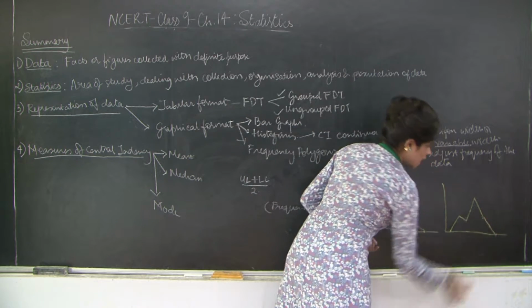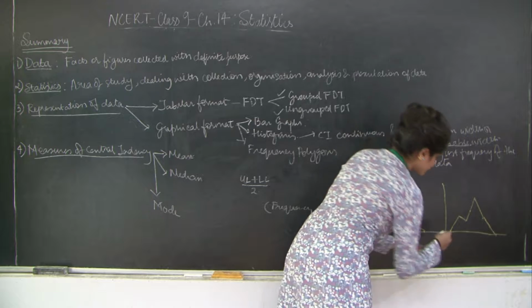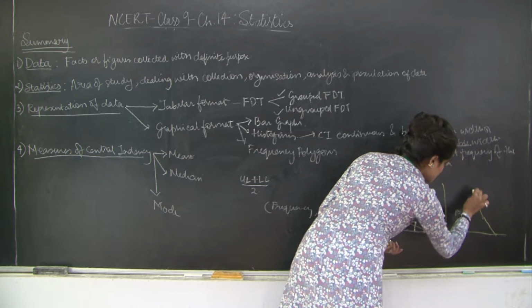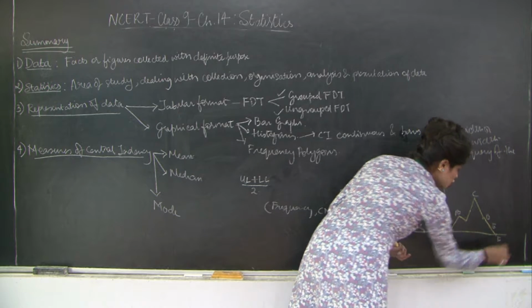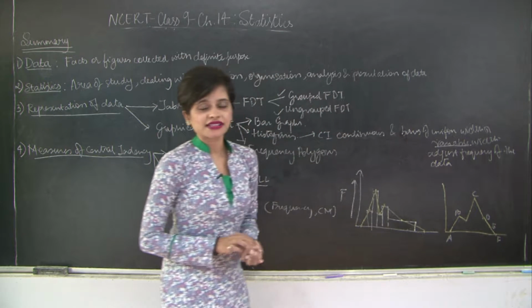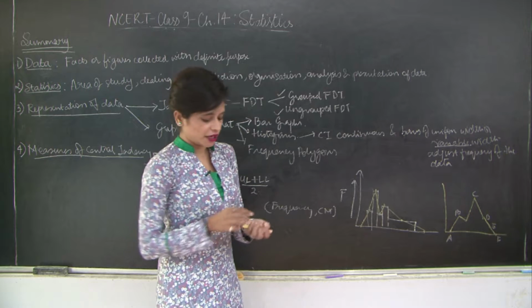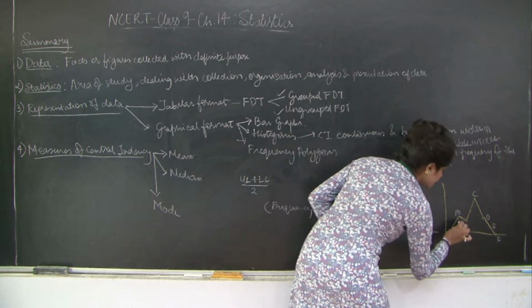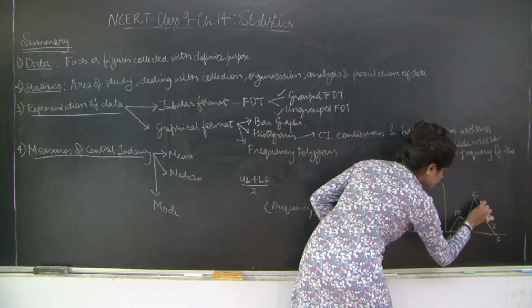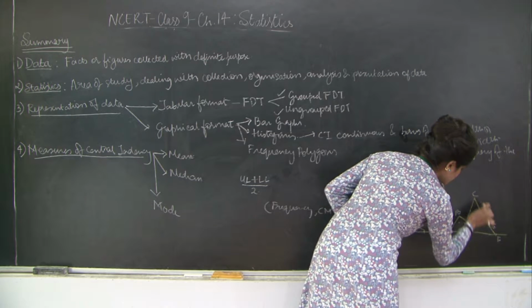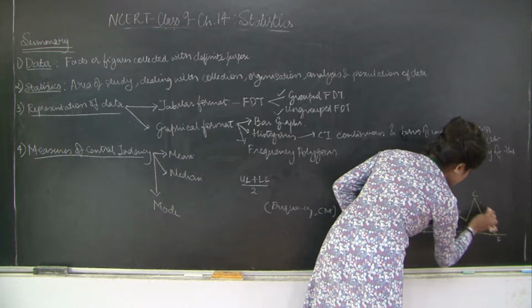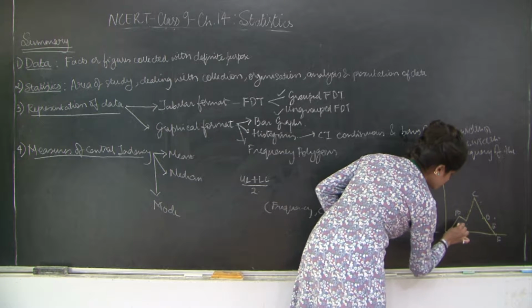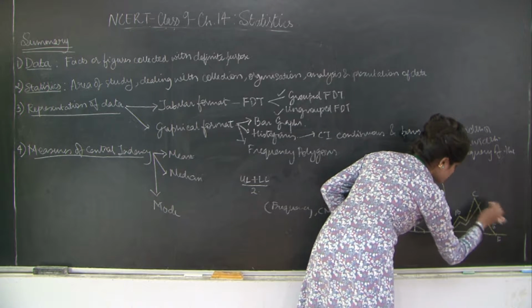Let's say this is for team A. I'll give it a name: A, B, C, D, E and F. So A, B, C, D, E, F represents the frequency polygon of team A. Now I will draw another frequency polygon to represent the performance of team B.